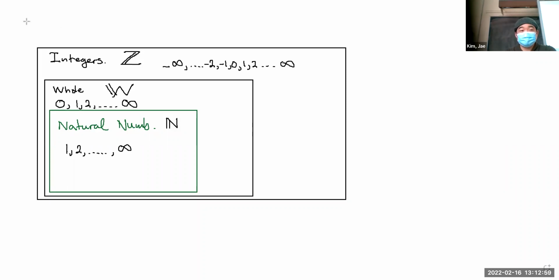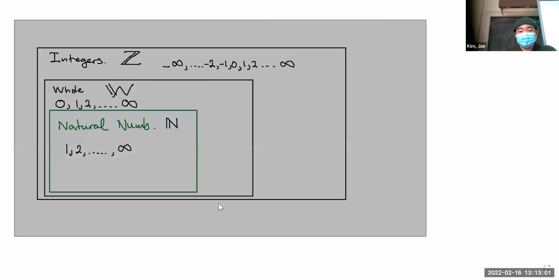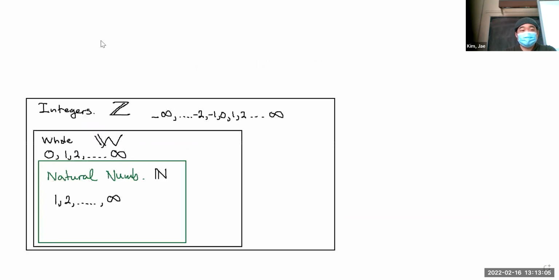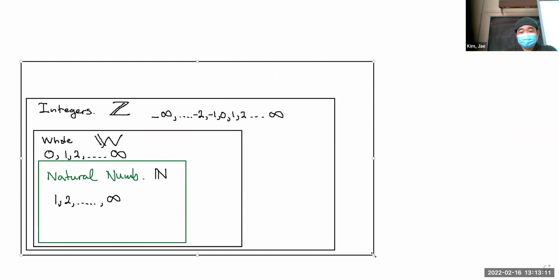We're almost there. I think I might have to move this down a little bit. There. So after integers comes rational. We will have definitions for what these are on the front of the page, okay?